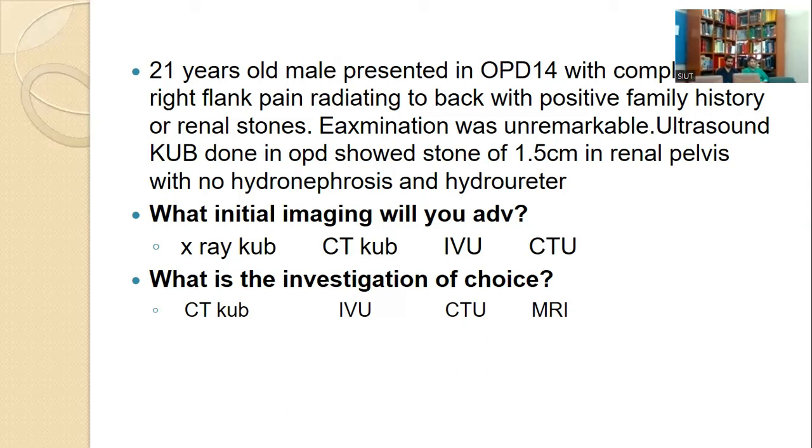Again, the scenario is that the Hounsfield unit after CT KUB is 300 to 400. Will it make a difference to management? Since the size of the stone is 1.5 centimeters, we can give a trial of ESWL. We can get a better outcome with this.